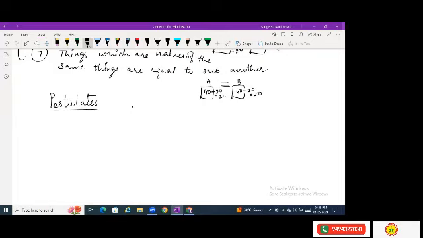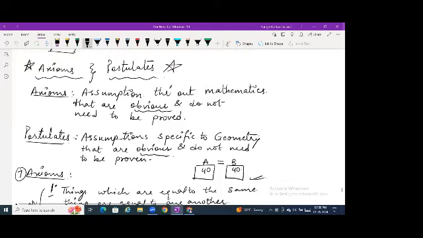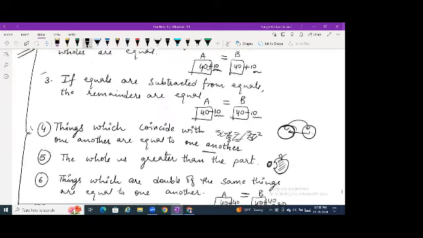These are assumptions which are very specific to geometry and still they do not need to be proven. These are some very obvious facts which need not be proved, but they move around geometrical things. Now, 5 postulates are there, and there were 7 axioms.